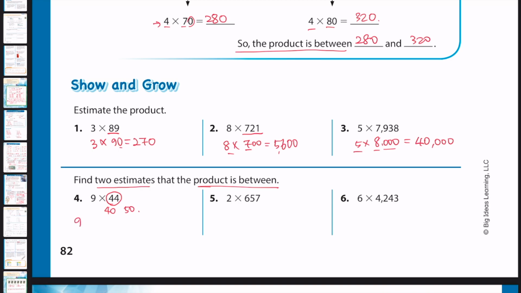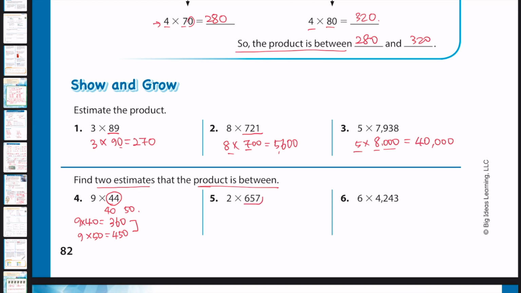So when you do this, 9 times 40 is 360, and 9 times 50 is 45 tens, which is 450. So the product will be between 360 and 450.